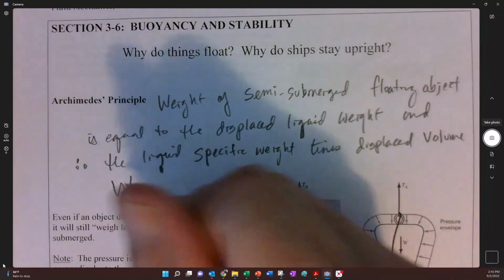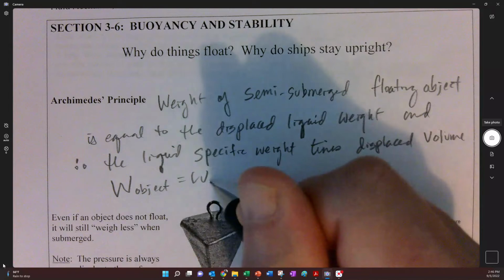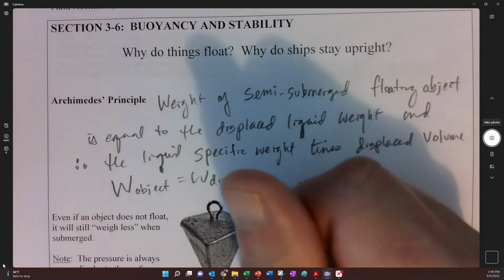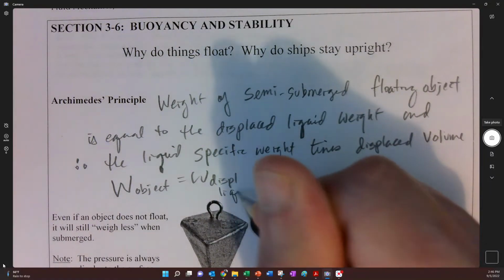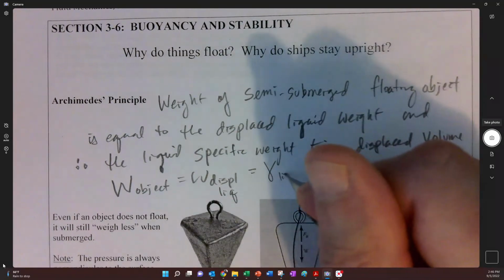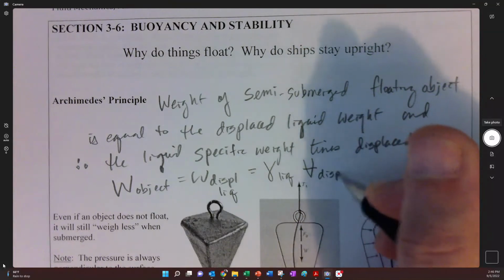So the weight of the object is equal to the weight of the displaced liquid, which is also equal to the specific weight of the liquid times the volume displaced, right?